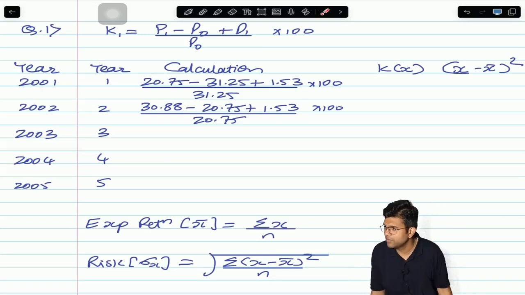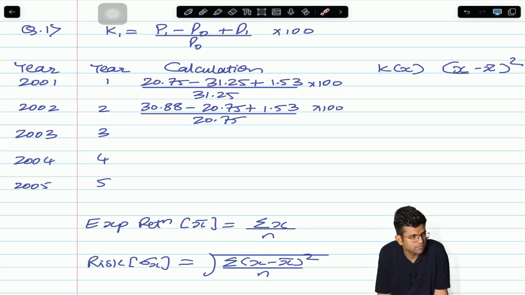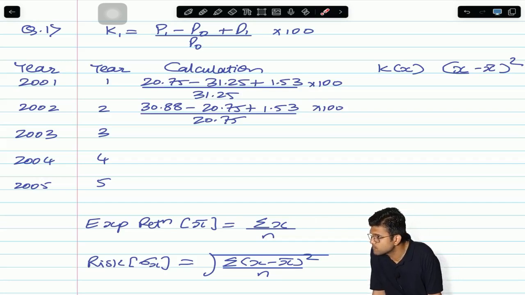Everyone is still doing? Should I show the solution or should I wait for 1 minute? Mahalakshmi correct answer, Rajarshi correct answer, Raghunandan correct answer.